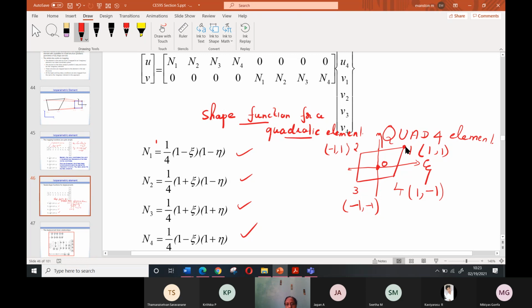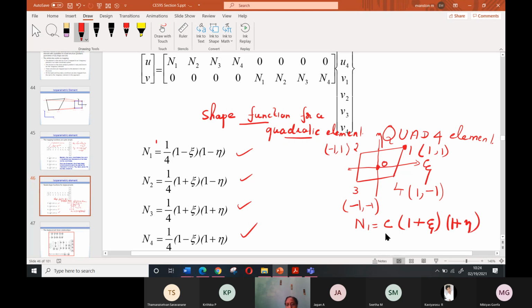If I consider the shape function for node 1, I take n1 equal to a constant times 1 plus xi times 1 plus eta.